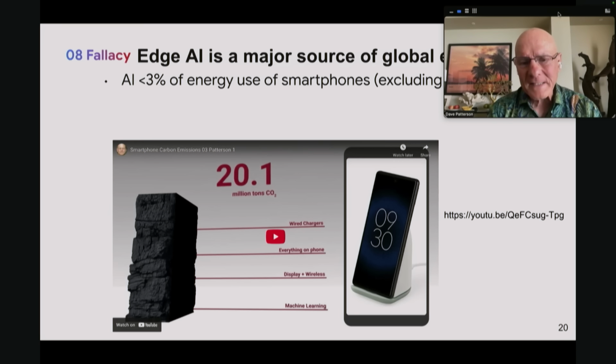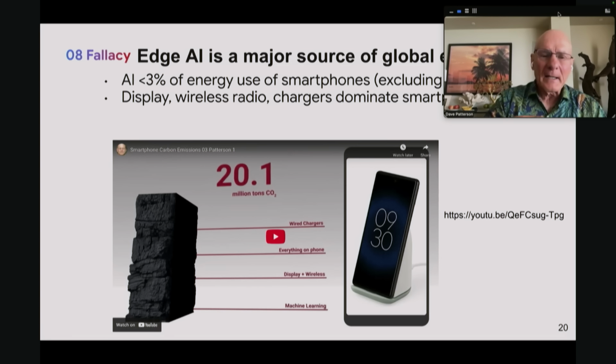But almost all of these studies that we looked at ignored the chargers. They just looked at the phones themselves. But that doesn't make sense. You only use electricity from the grid when you're using the charger. It turns out, if you just look at the phone, almost all of the energy is the display, the wireless radio, and then the chargers. And the chargers are very inefficient.